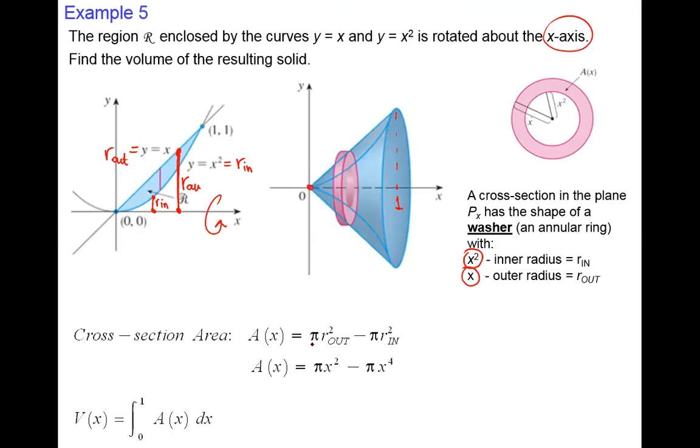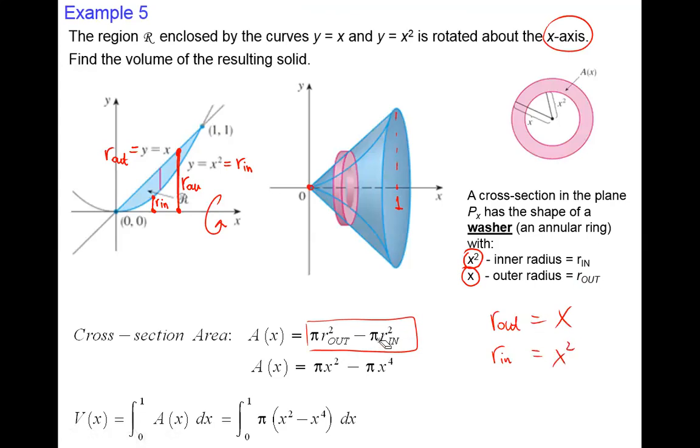We can simply integrate from 0 to 1 the cross-sectional area, and we have pi r squared minus pi r squared, outer and inner respectively. Outer is x, inner is x squared.